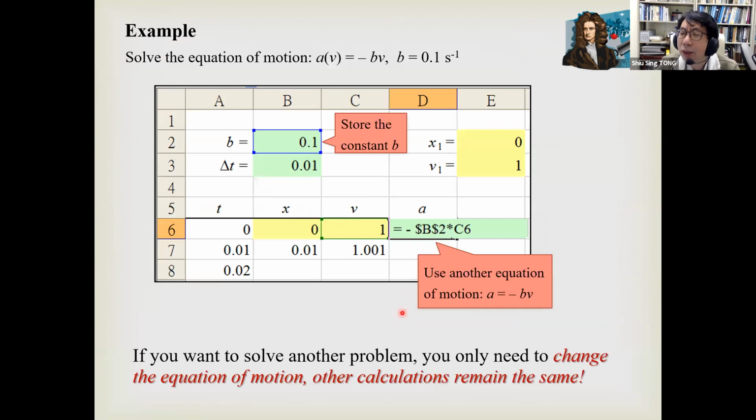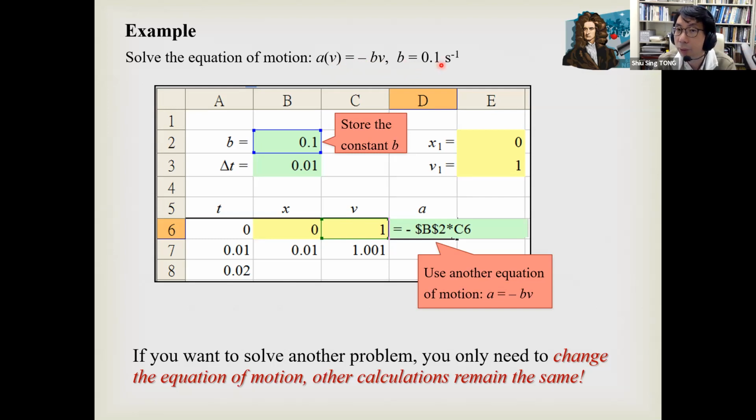Now, how about if I want to solve another problem? Instead of solving the known motion of free falling under gravity, I want to solve another problem. For example, the problem about the viscous force that we encounter at the beginning of this lecture. So the acceleration is given by minus bv, right?